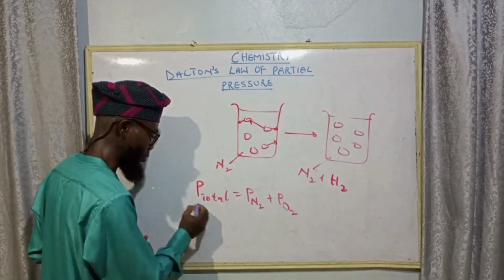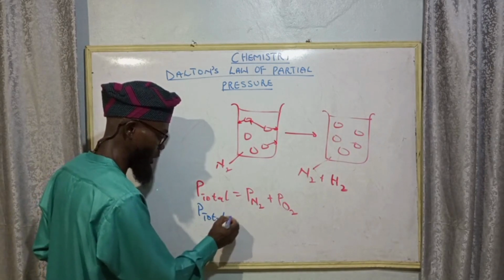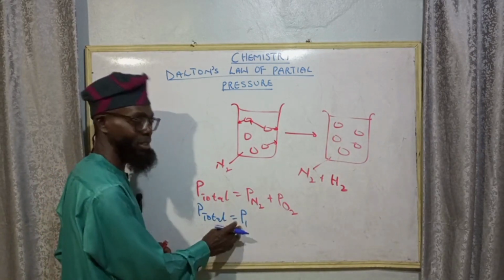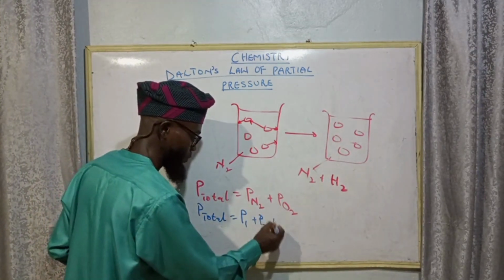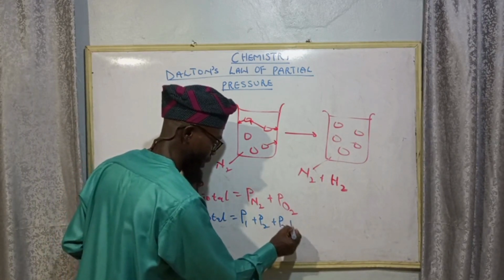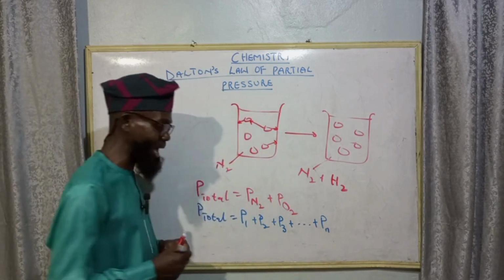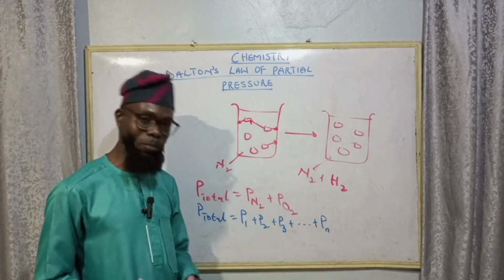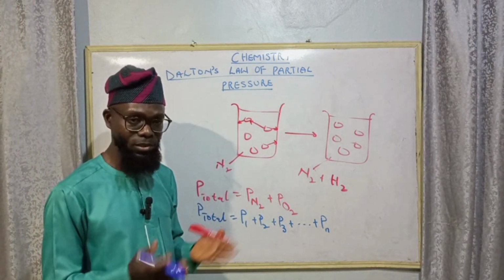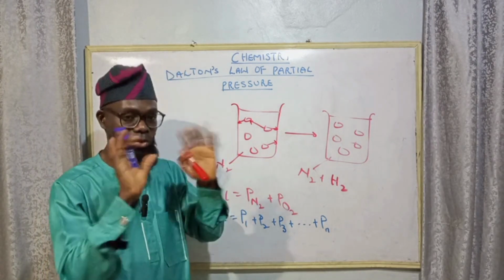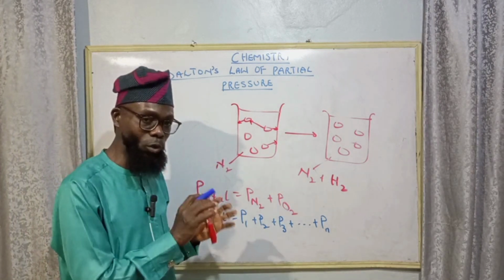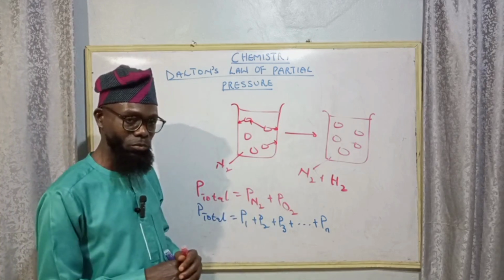We say total pressure will equal P1, that is the first gas, plus P2, plus P3, until we get to the end, Pn, where n is a whole number, which is not determined now.